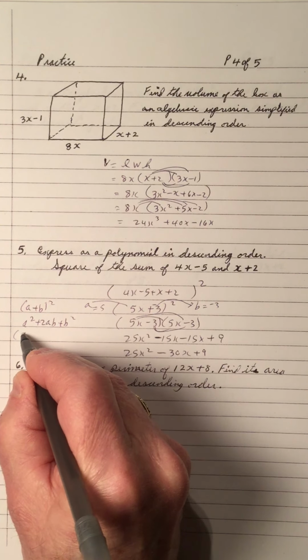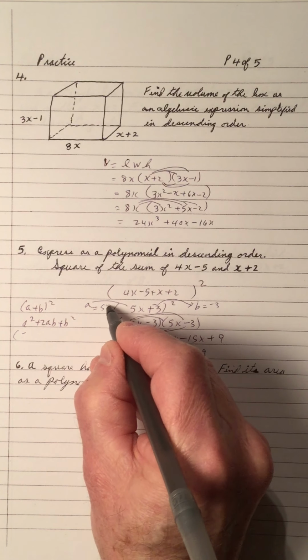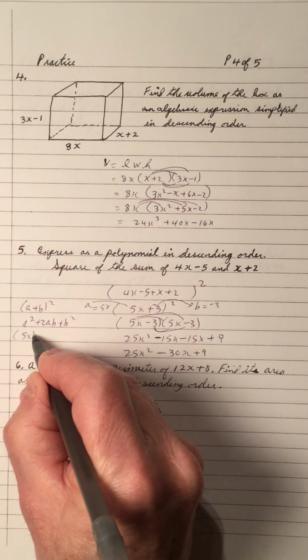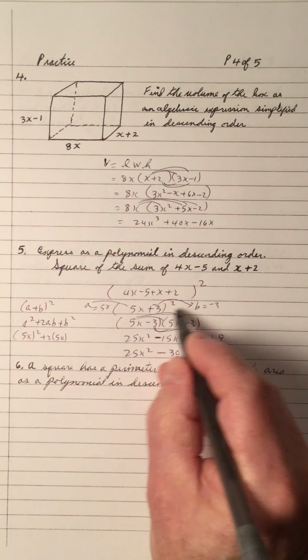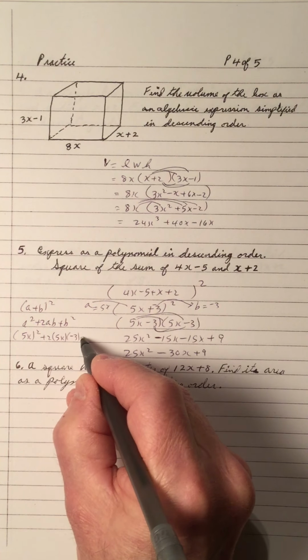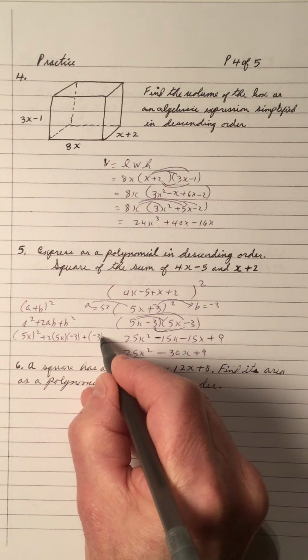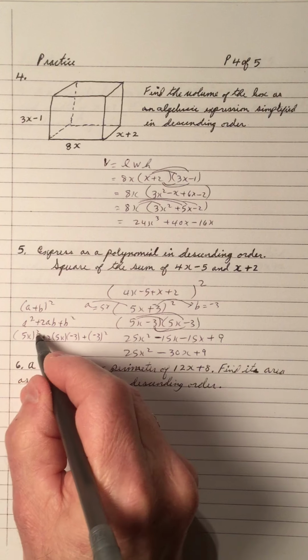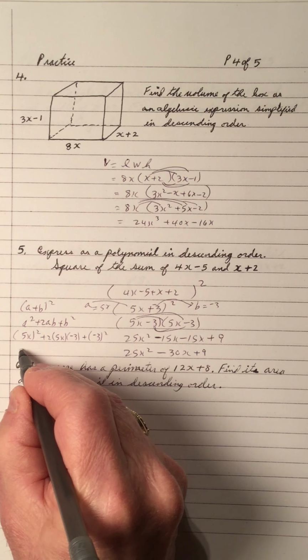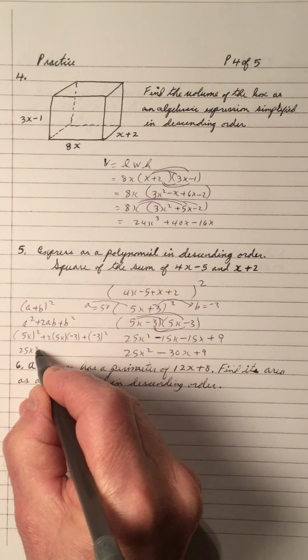So I'm filling in A as 5x and B as a negative 3. So 5x times 5x is 25x squared.